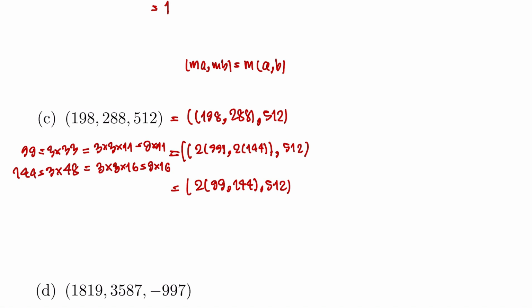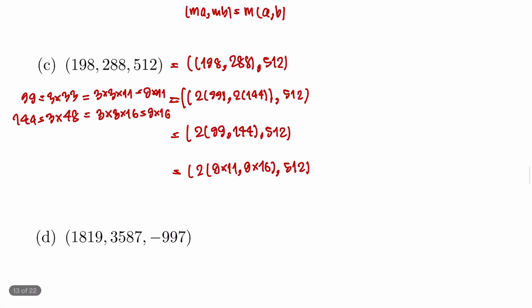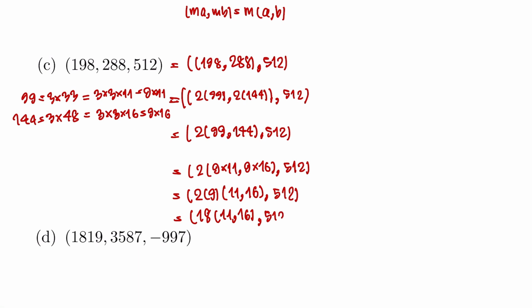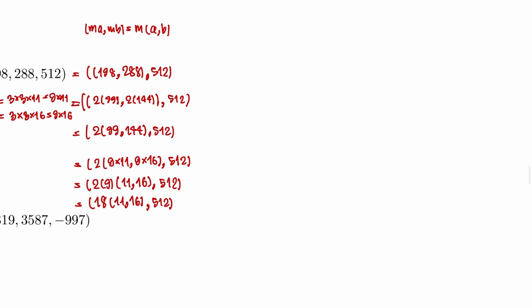So we're gonna have 2 times 99 is 9 times 11, and 144 is 9 times 16. Then we have 2 times 9 times the greatest common divisor of 11 and 16, and 512. So we get 18 times the greatest common divisor of 11, 16 and 512.